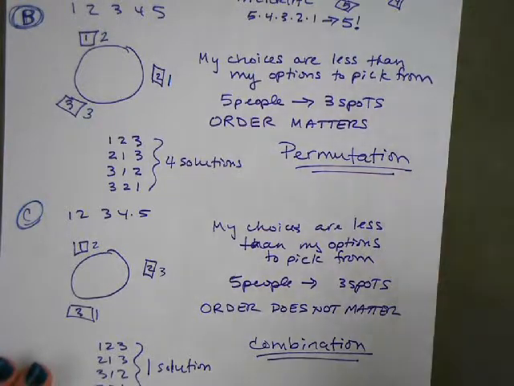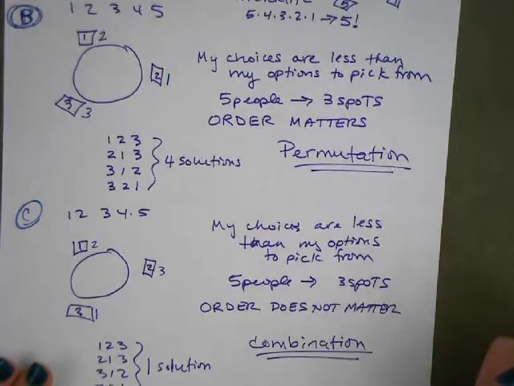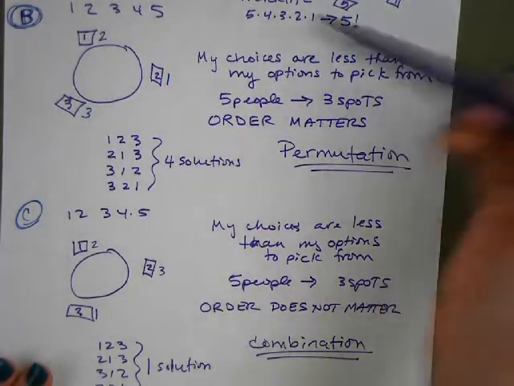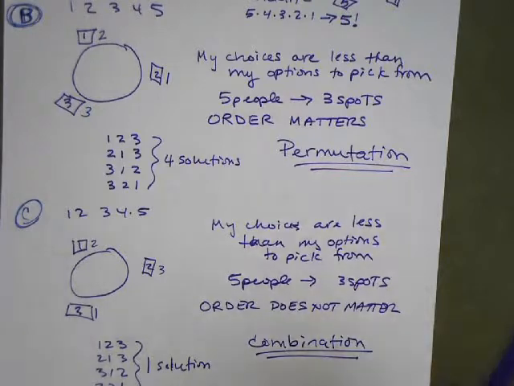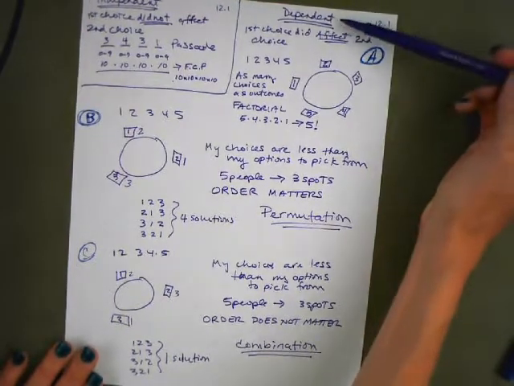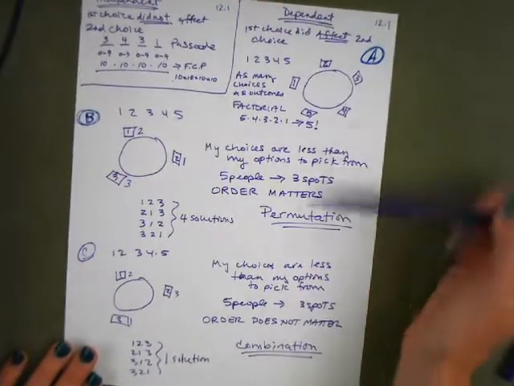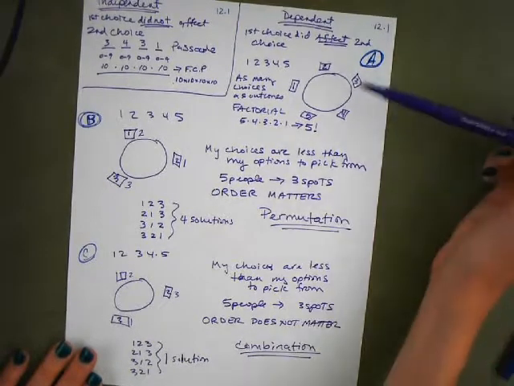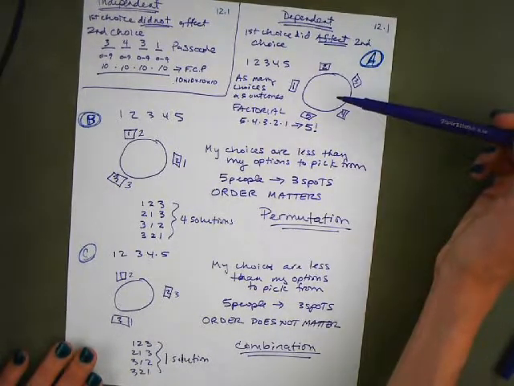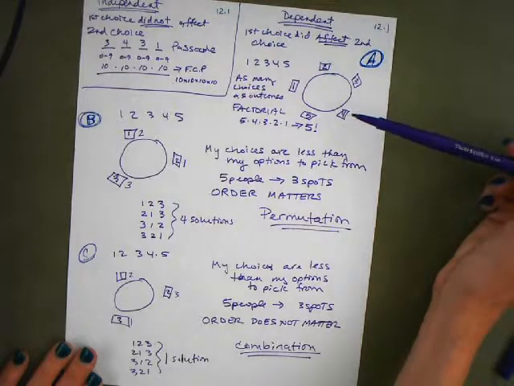Okay? Both of these can be put into your calculator. So once you identify what it is, it's easy to just punch into your calculator. Okay? But do you guys see the difference between how, once you realize it's dependent, how you have 3 possible options here? You have it where all your choices are being used, which is then factorial.